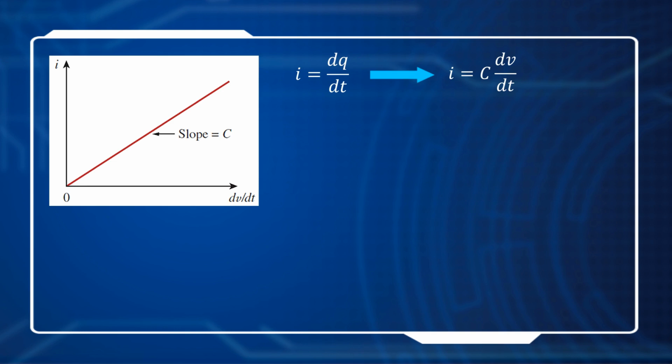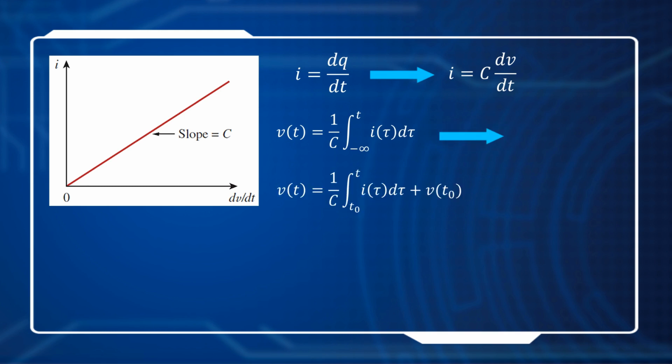From this equation, we can get another equation: V(t) equals 1 over C multiplied by the integral from minus infinity to t of i(tau) d tau. And we get V(t) equals 1 over C multiplied by the integral from t0 to t of i(tau) d tau plus V(t0), where V(t0) is the voltage of the capacitor at t equals t0, and we call it the initial condition.